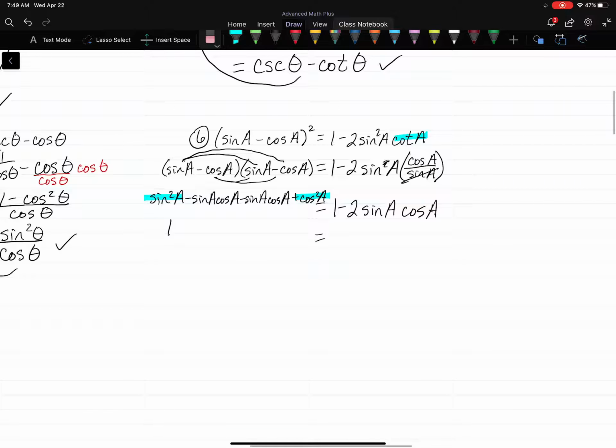And then we have negative sine a cosine a minus sine a cosine a, which is minus 2 sine a cosine a. We just add like terms. And there we have it. We have the same thing. So we are done.